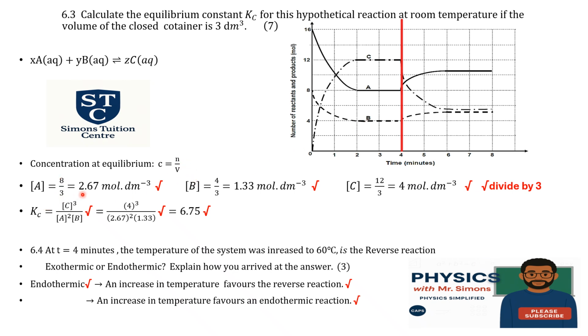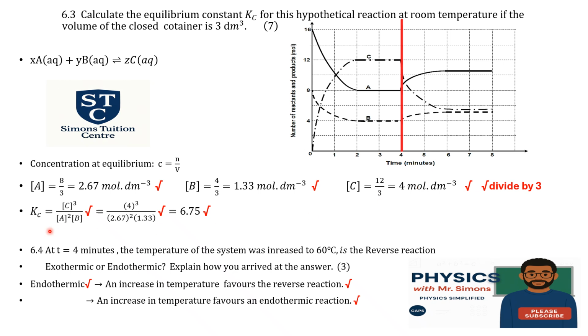So 8 over 3 is 2,67, 4 over 3 is 1,33, and 12 over 3 gives me 4 moles per decimeter cubed. So you can see I just took the values: A was at 8, C is at 12, and B is at 4. I just took those values and divided by 3 according to that equation to get the concentration. So 1 mark for each one.